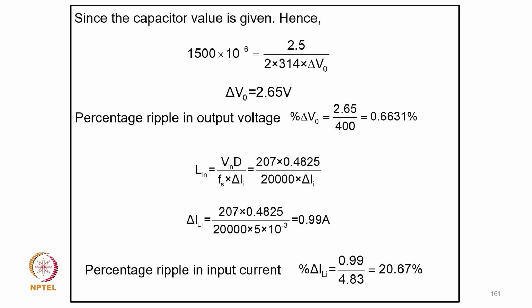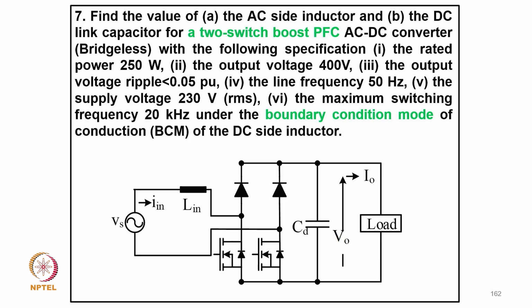For Li, putting in the value, delta IL comes to 0.99, and delta IN percentage is 0.99 divided by 4.83, so 20.67.